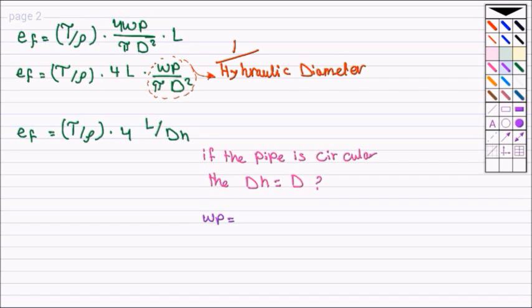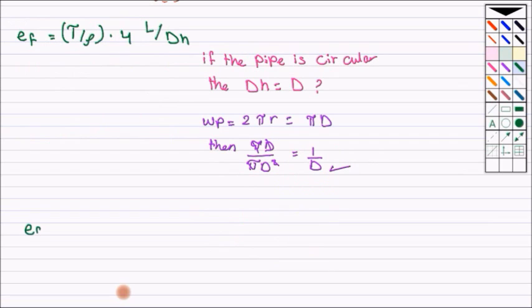Can we prove this? Yes. The wall perimeter, WP, will equal pi D in the case of a circular pipe. Then pi D divided by pi D squared, we cancel out, and this equals 1 divided by D. Then we can say EF will equal 4L divided by D times tau divided by rho.